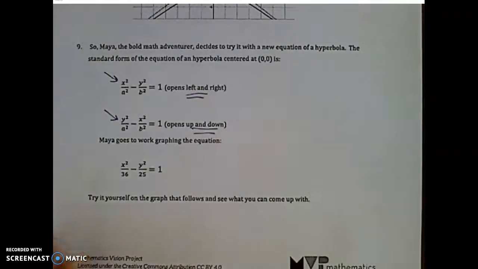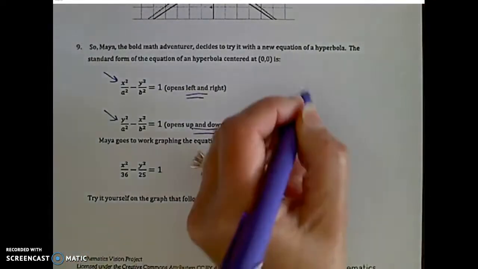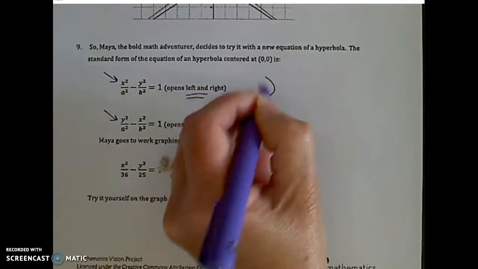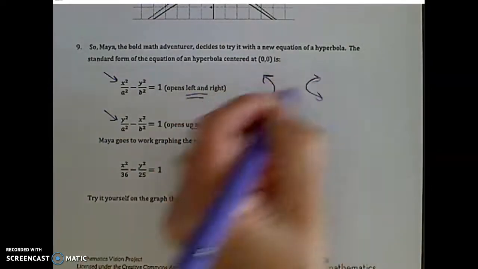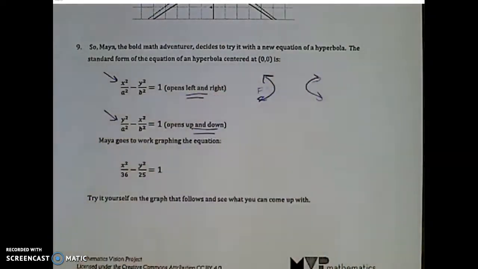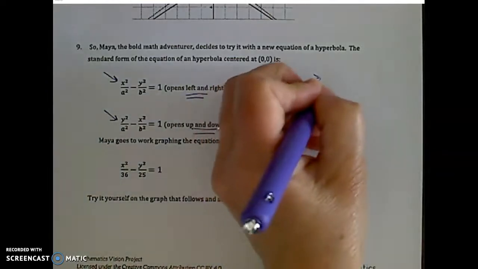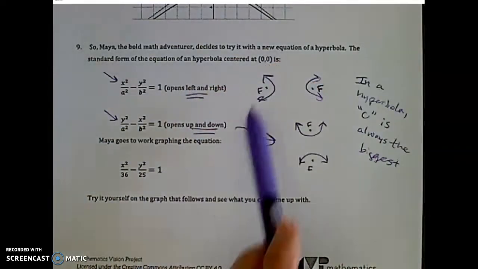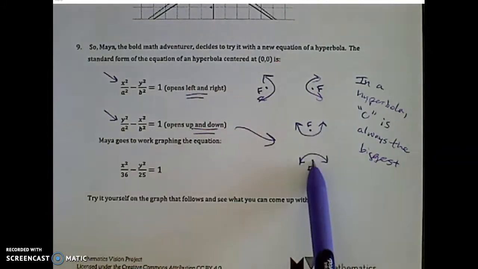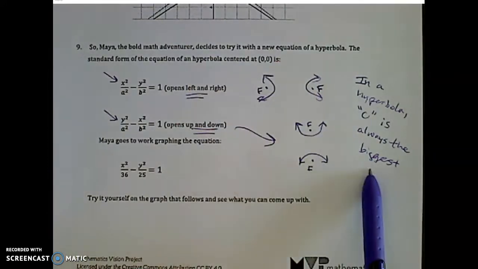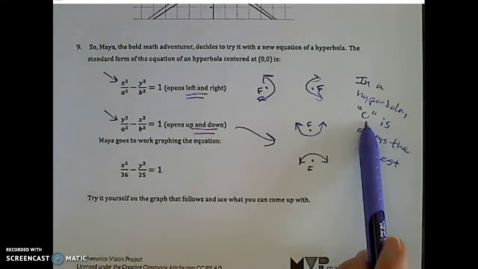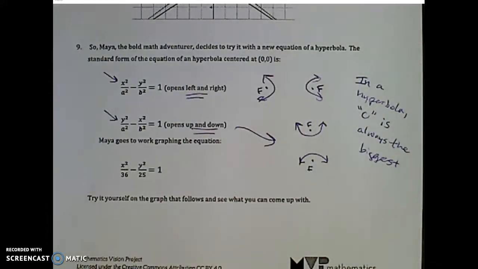So whichever is positive out front for a hyperbola tells you the direction of the opening of those branches. And remember, the foci always fall inside your branches. And since those foci always fall inside my branches, for a hyperbola it's convenient because the C value is always the biggest. We're going to finish up today with numbers 10 and 11.